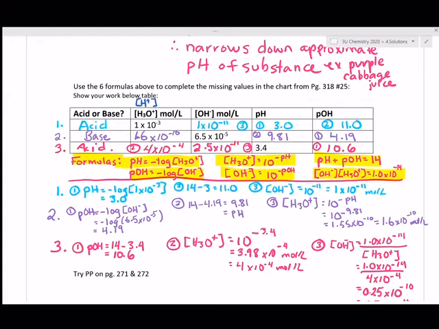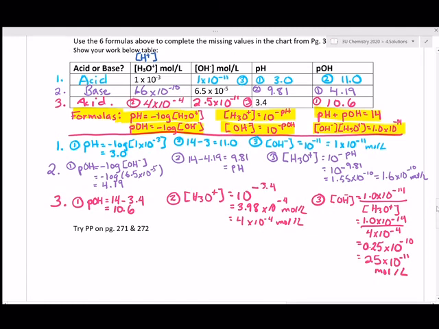Now, in the third example, just to mix it up a little bit, I did use this formula here to get my hydroxide, but I didn't have to. I totally could have done 10 to the negative pOH, so 10 to the negative 10.6, and I would have got the same answer, which is 2.5 times 10 to the negative 11 moles per liter.